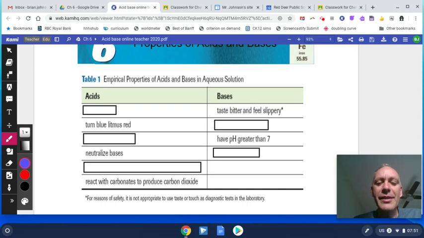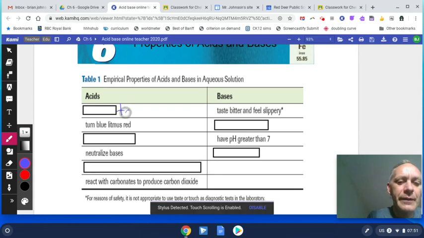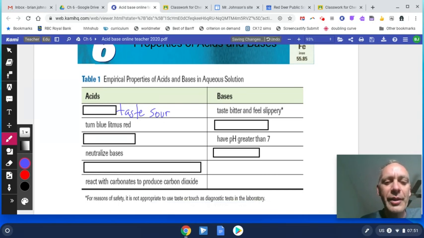So bases taste bitter and they feel slippery. Soap is a classic example of a base. What about acids? Well, acids are the opposite of bases. So if bases taste bitter, acids taste sour. They have a grippy texture, so they're not slippery, they're grippy. Acids turn blue litmus red, which means bases turn red litmus blue.